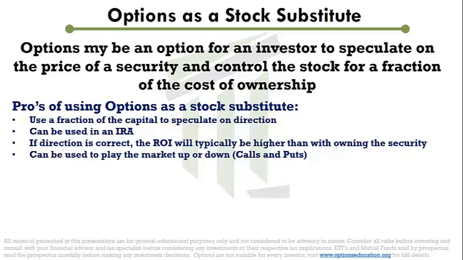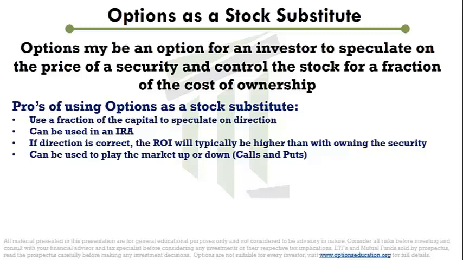Another advantage of these options is that they can be used in an individual retirement account. Now, you need to speak to your financial advisor to really find out the details of your plan, but this is often something that is overlooked by investors that are looking to profit from direction.